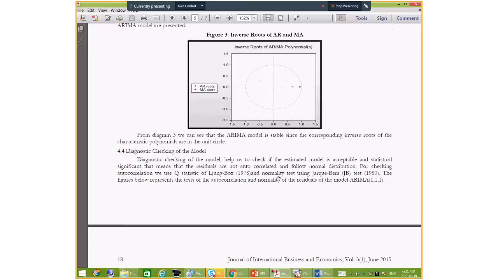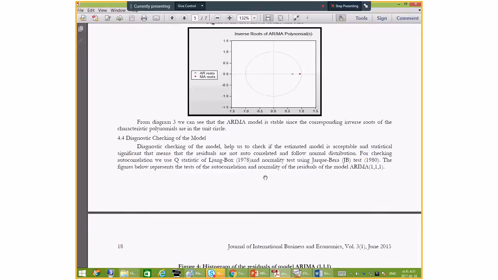Then the next step is diagnostic checking of the model. The diagnostic checking helps us to check whether our estimated model is acceptable, or statistically significant.